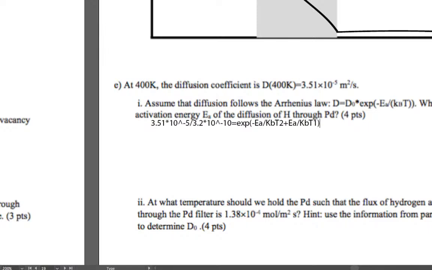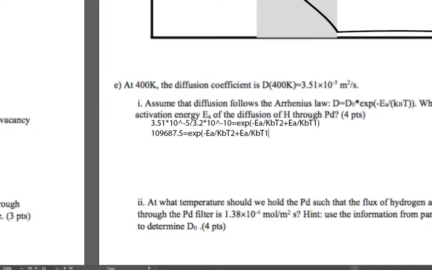And so you can take the natural log straight away, or what I'll do is evaluate the fraction first. 3.51 times 10 to the power of negative 5 divided by 3.2 times 10 to the power of negative 10 would be 109,687.425, which equals the exponential of minus EA over kBT2 plus EA over kBT1.